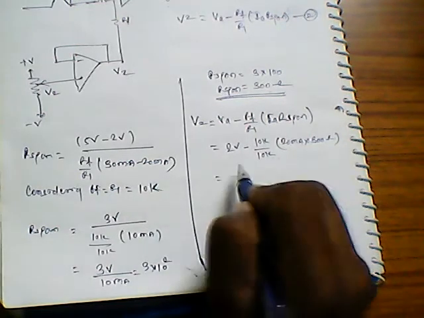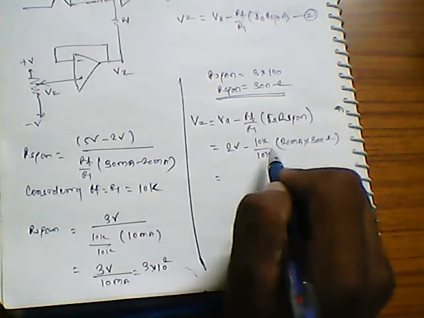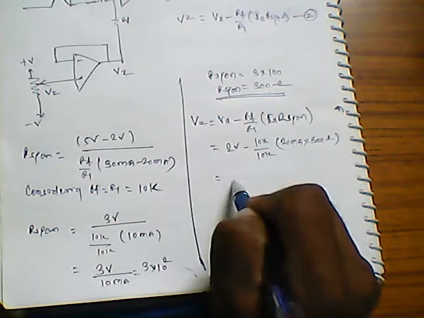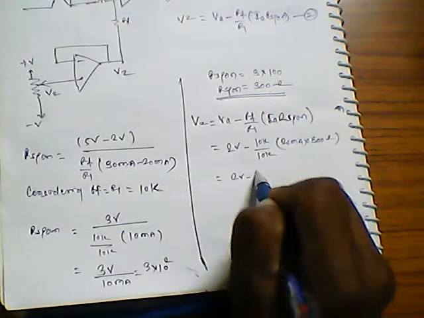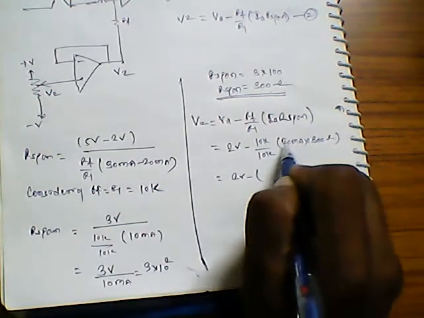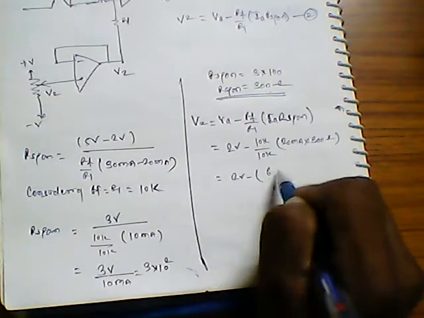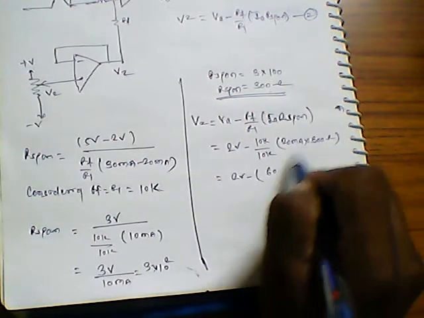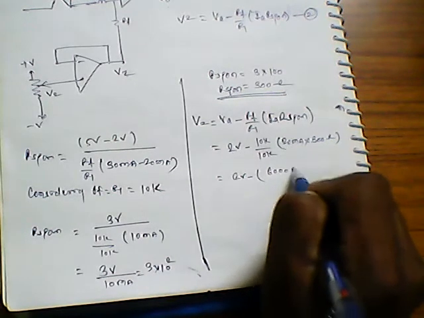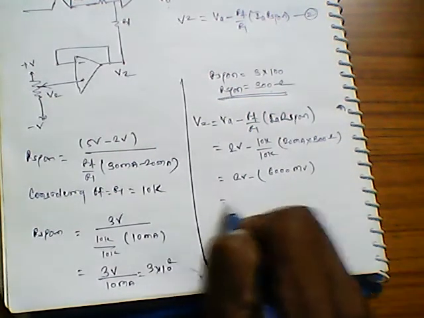Okay, so what we are getting, 2 volt minus 20 into 300, that is 6000 millivolts we got.